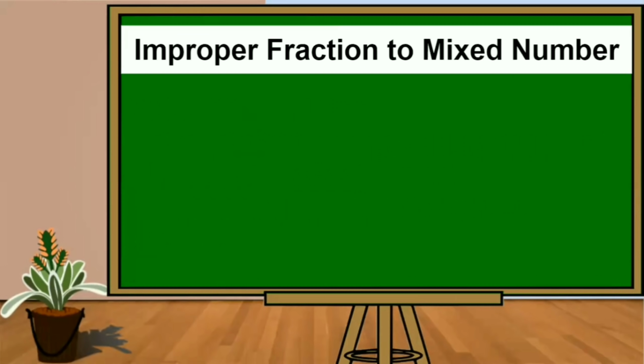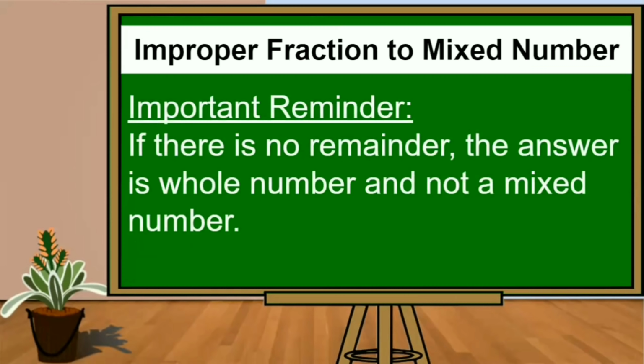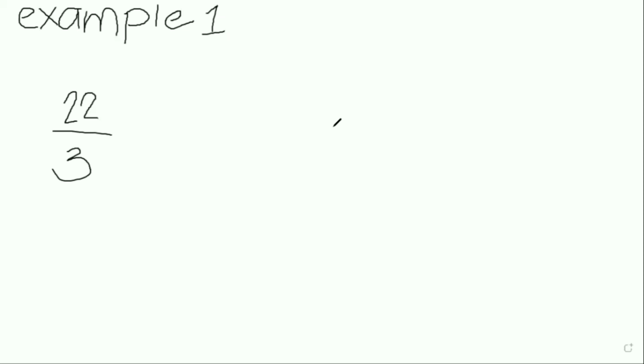Before we proceed in showing an example, please take note of this important reminder. If there is no remainder, the answer is whole number and not a mixed number. Our example number 1 is 22/3.